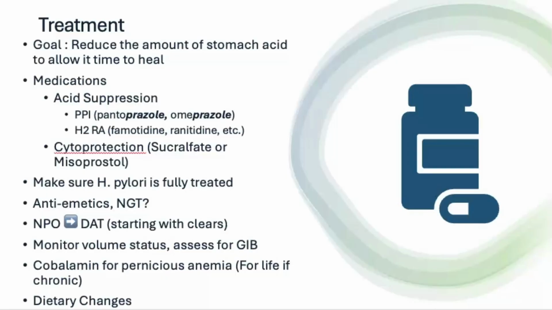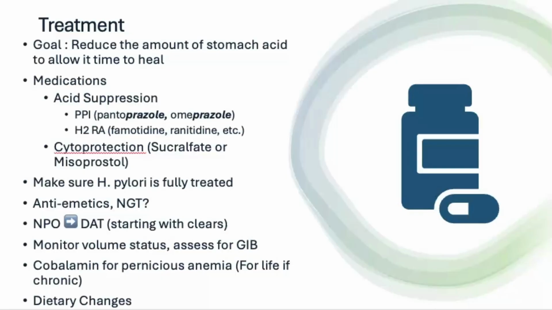Patients will start out NPO, and we advance their diet as tolerated, starting with a clear liquid diet, and then thinking about more bland foods. So in terms of dietary changes, smaller, more frequent meals is better. Avoid eating before bed, avoid processed foods, and limit alcohol and spicy foods and caffeine.